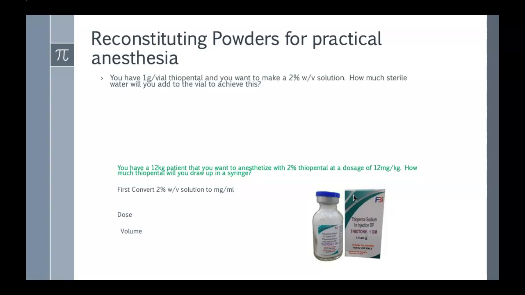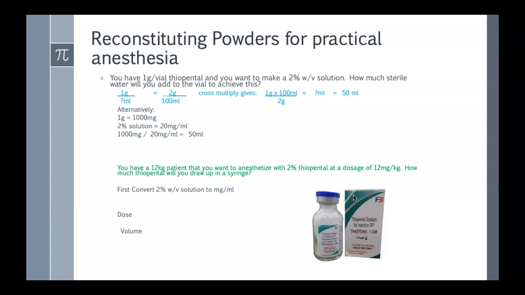All right, we have a 1 gram per vial thiopental, and you want to make up a 2% weight to volume solution. How much sterile water will you add to the vial to achieve this? Let's have a look. All right, so we have two ways. We can cross multiply, or I can work it out. I'll show you the way that I typically do it.